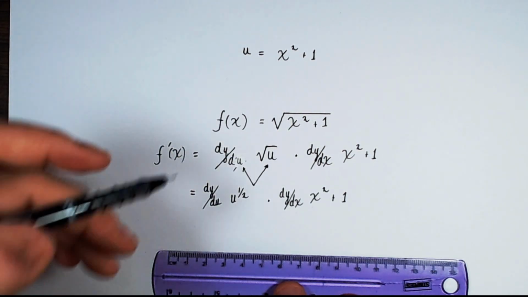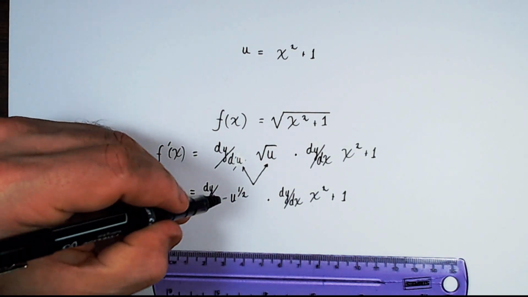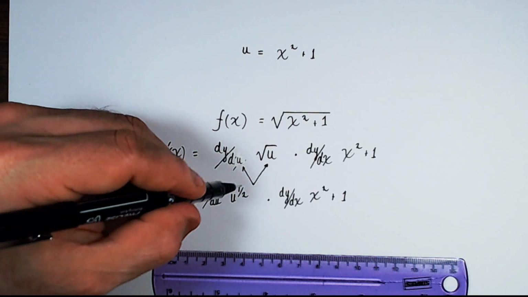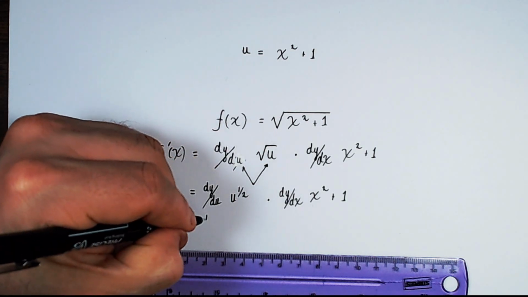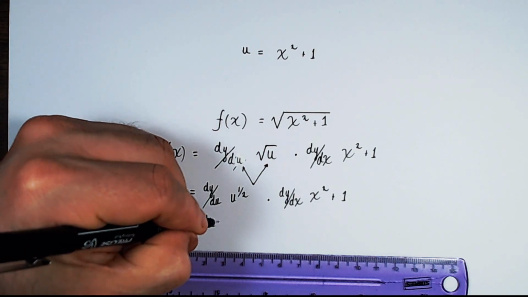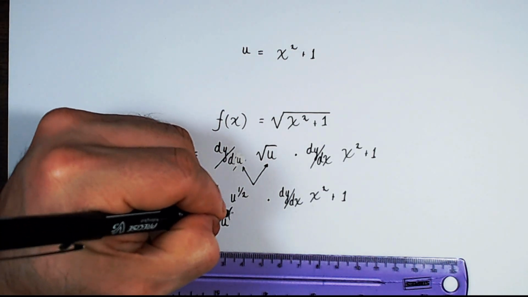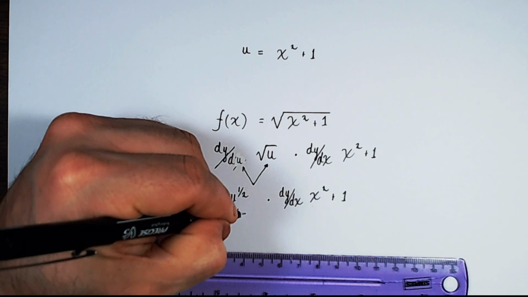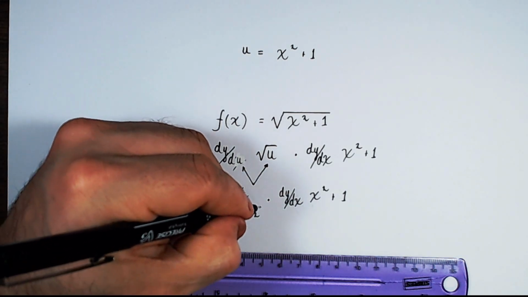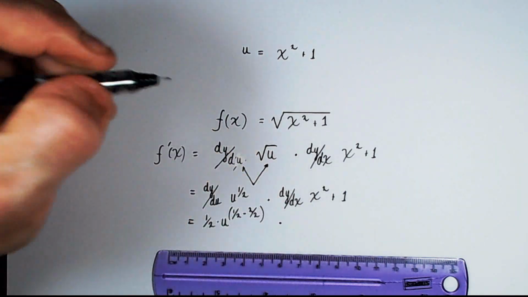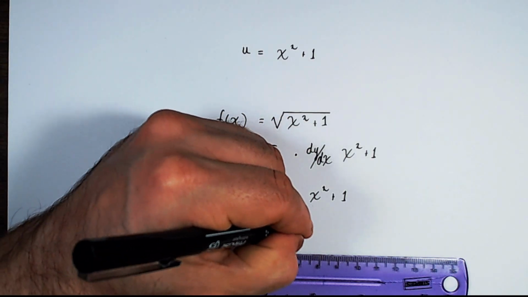Okay, so we'll take this in parts. The derivative here is using the power rule. The derivative is equal to 1/2, because we bring that 1/2 down, times u raised to the 1/2 minus 2/2, or minus 1, multiplied by, now let's differentiate, this function is just 2x.